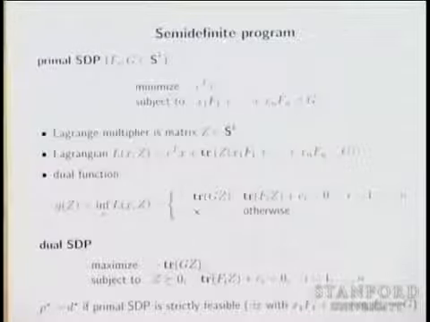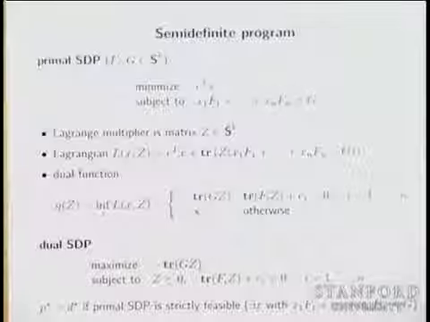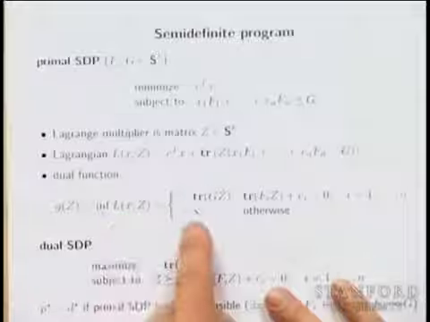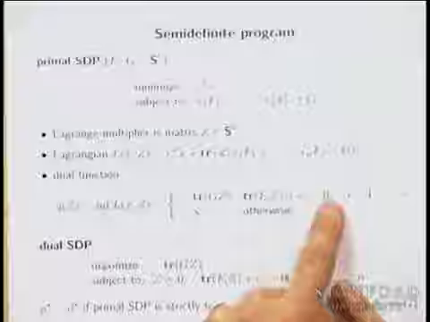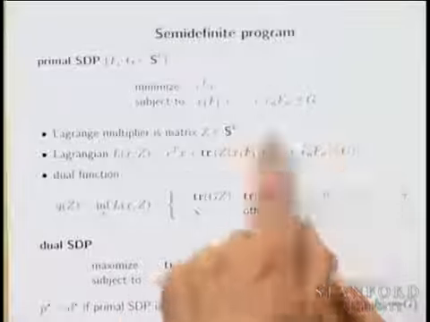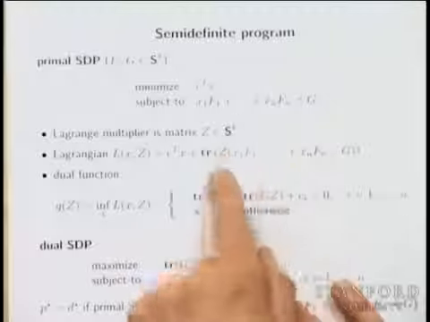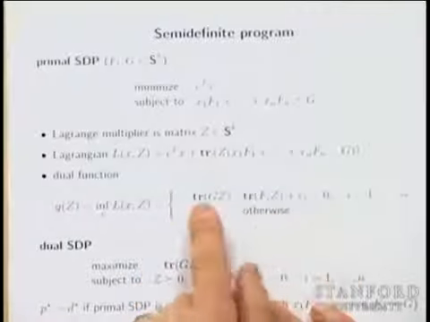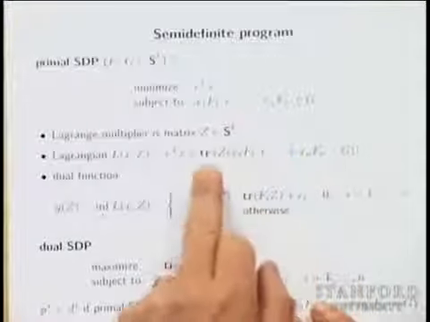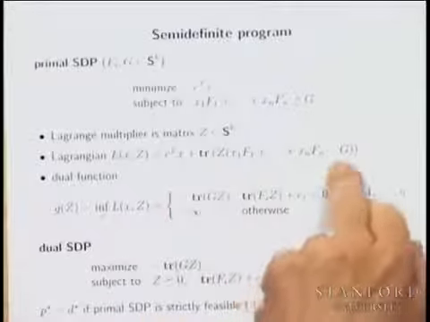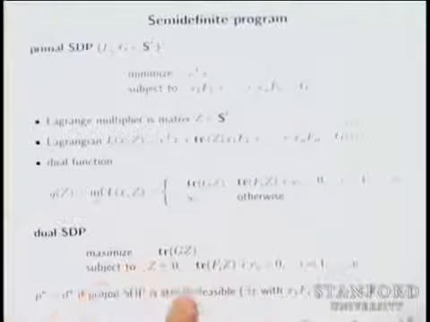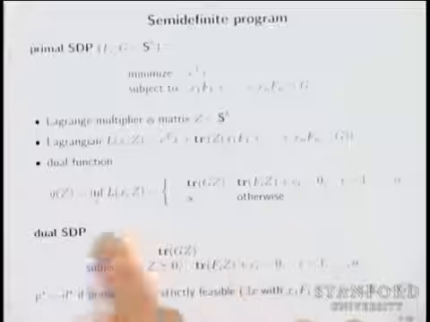It's minus infinity unless the linear part vanishes. So you get this. It's minus infinity unless the xi component of the linear thing here is equal to 0, in which case this all drops away and what's left is the trace of ZG. That's this guy. And so this is the dual SDP.